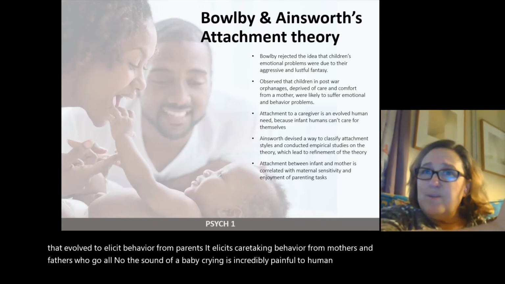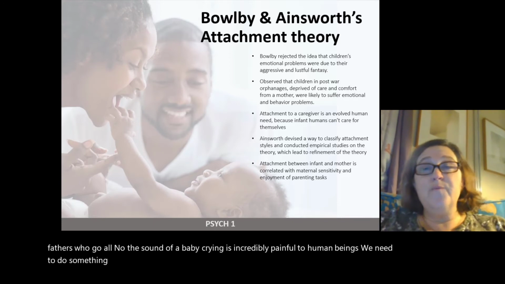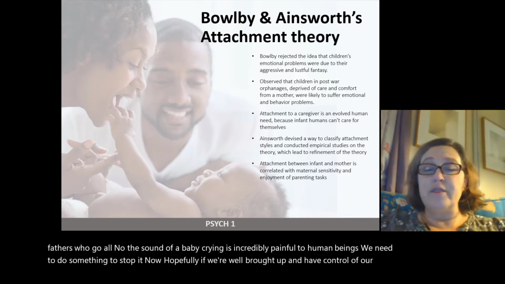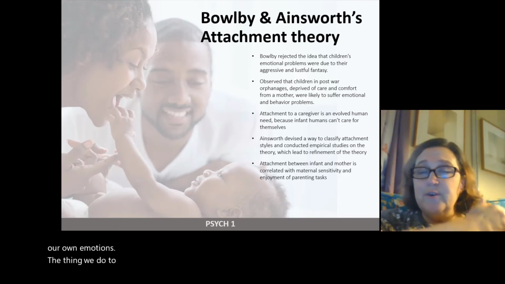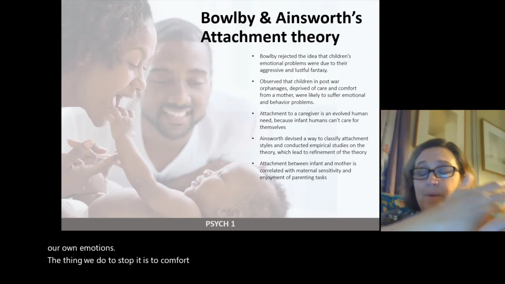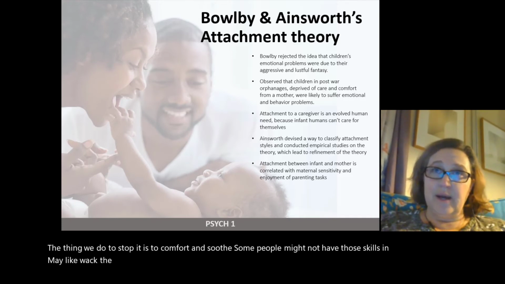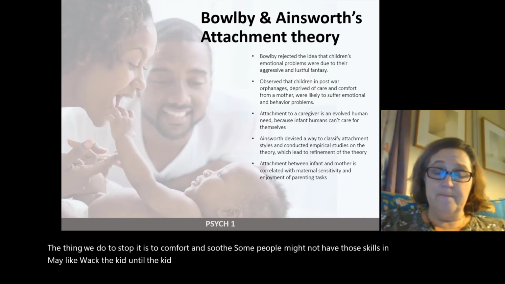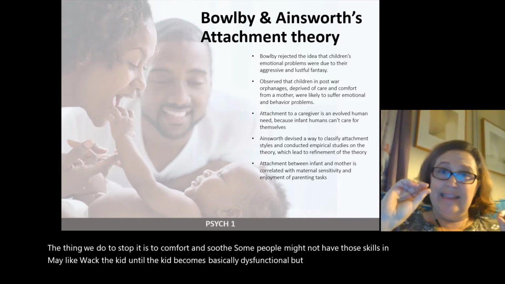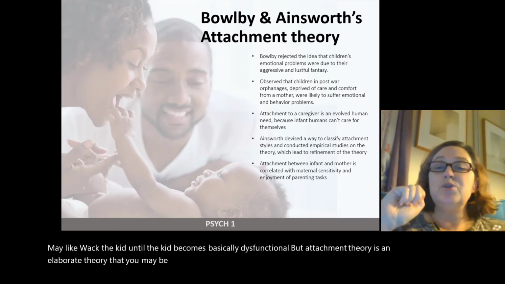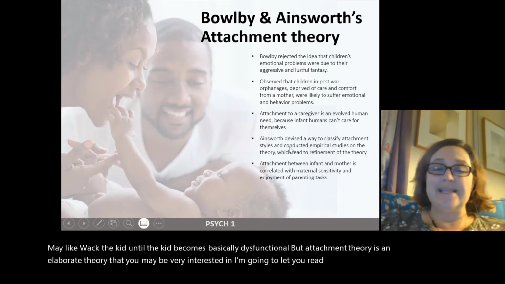We need to do something to stop it. Now, hopefully, if we're well brought up and have control of our own emotions, the thing we do to stop it is to comfort and soothe. Some people might not have those skills and may whack the kid until the kid becomes basically dysfunctional. But attachment theory is an elaborate theory that you may be very interested in. I'm going to let you read about it. I'm going to let you read this slide.